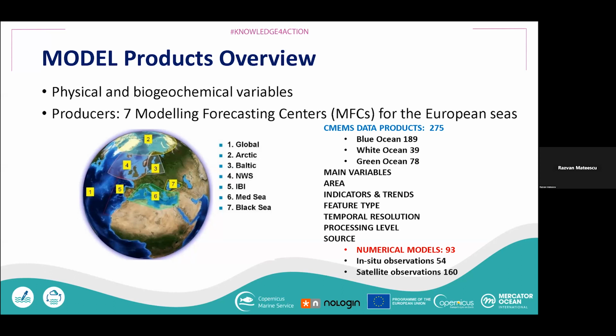So for CMEMS data products, if you make a survey on the web portal, you'll find over 275 ocean data products related to blue ocean, white ocean, and green ocean, but also numerical data coming from numerical models up to 93, with in situ observation, but also satellite observation.